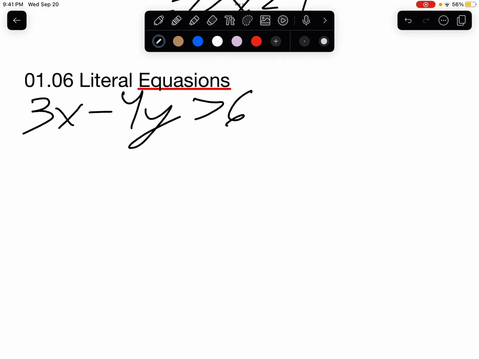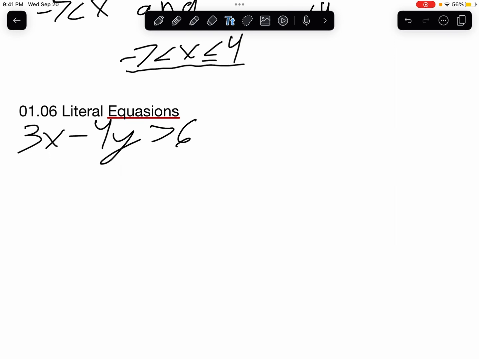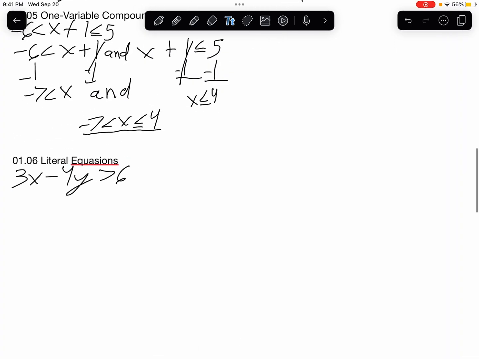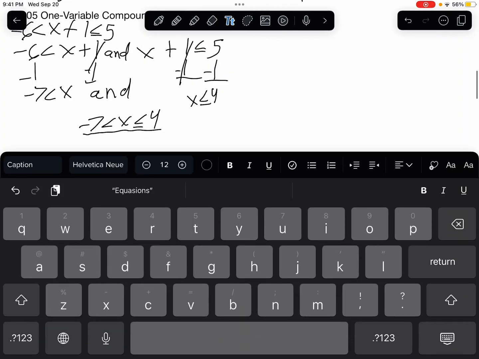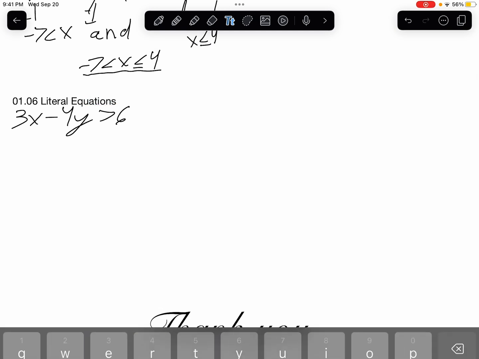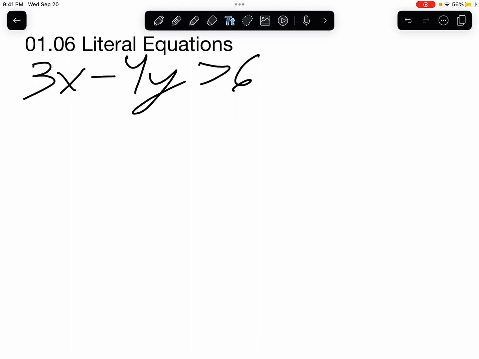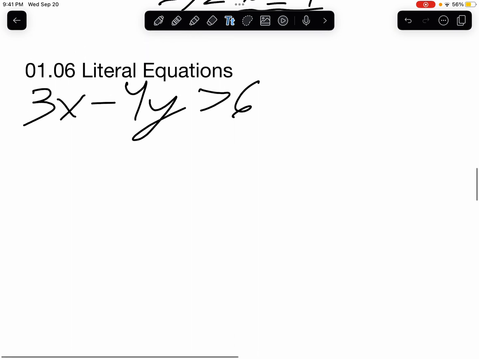In the 6th lesson, I learned literal equations. I spelled that wrong, sorry. To solve this equation, you have to isolate. We are trying to isolate y in this equation.